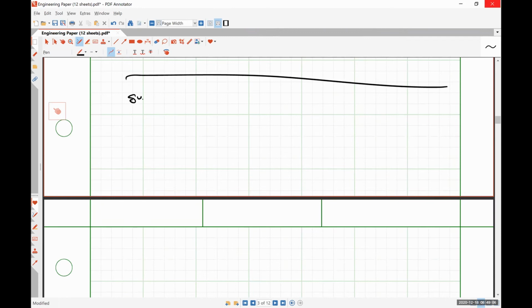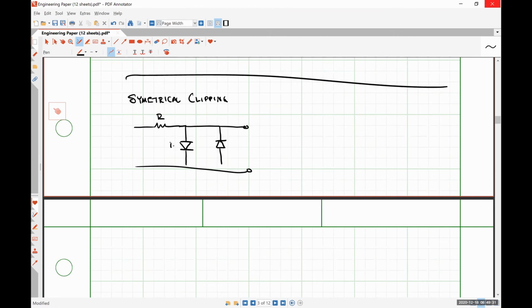Symmetrical clipping is something like this. Here's R, D1, D2, where D1 and D2 are the same thing. Here's Vin, here's V out.